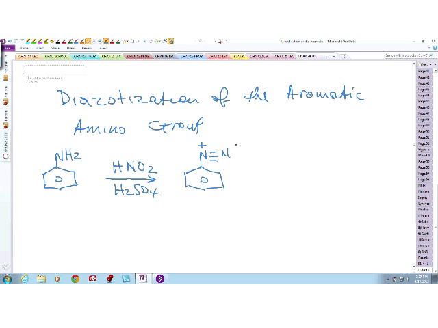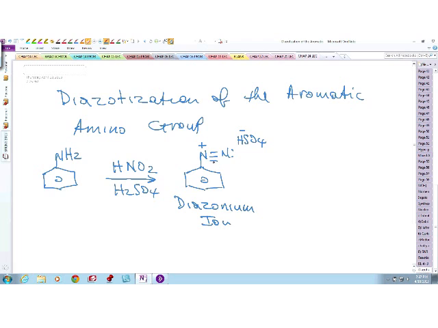Okay, you get this molecule here. Okay, so you get this diazonium, what we call the diazonium ion. The diazonium ion, of course, has the counter ion here.